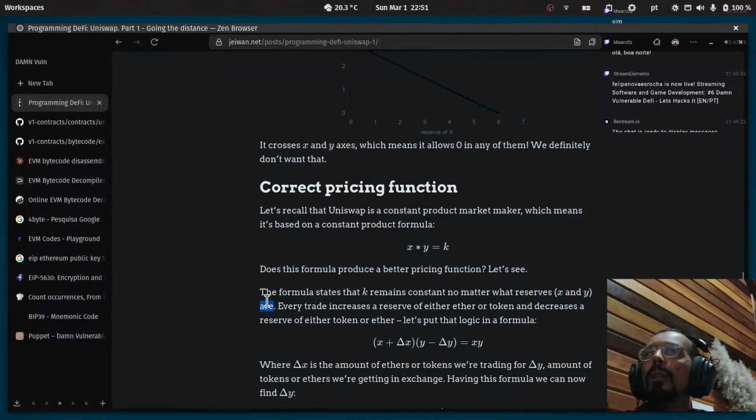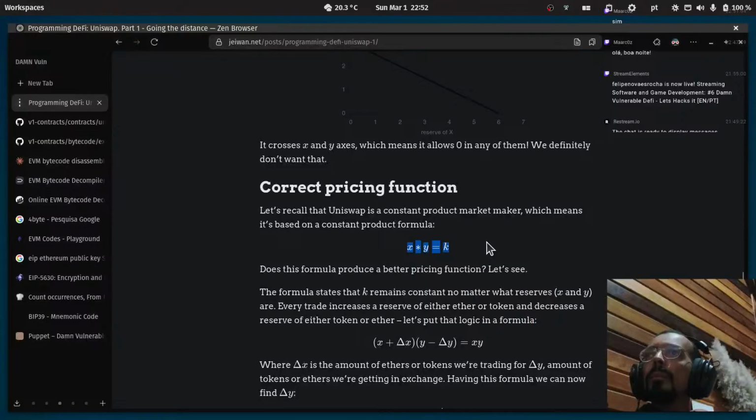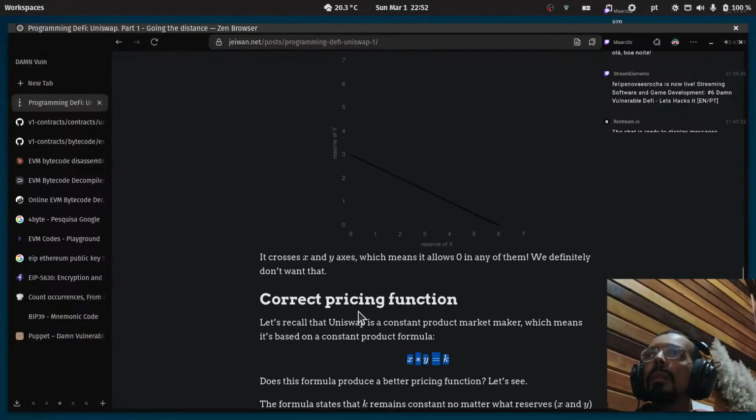Every trade increases the reserve of either Ether or token and decreases the reserve of the other. Let's put that logic in a formula. So that's something I didn't know before, like how the function is born, because they don't want k to be 0.